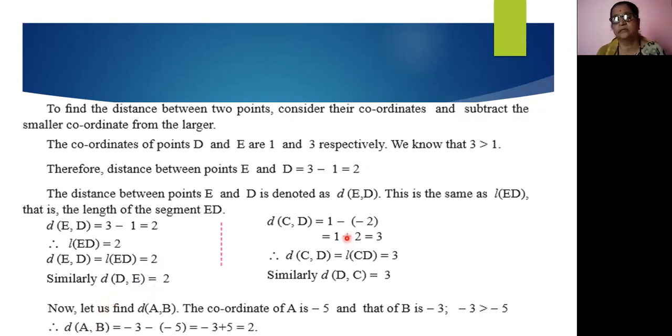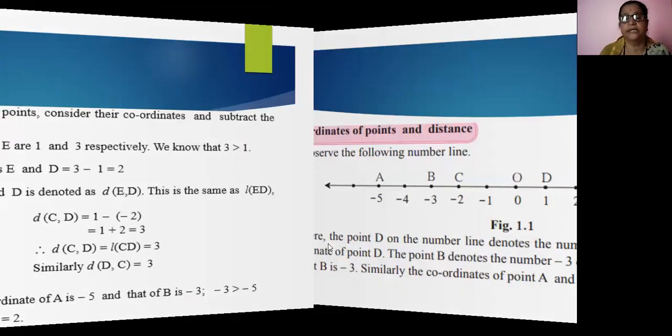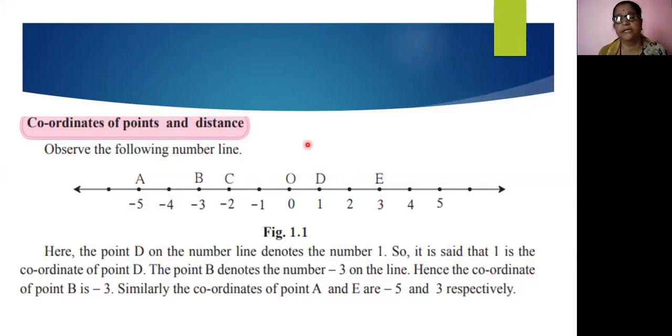Similarly, in this example, let us find distance CD. C's coordinate is -2, and D's coordinate is +1.